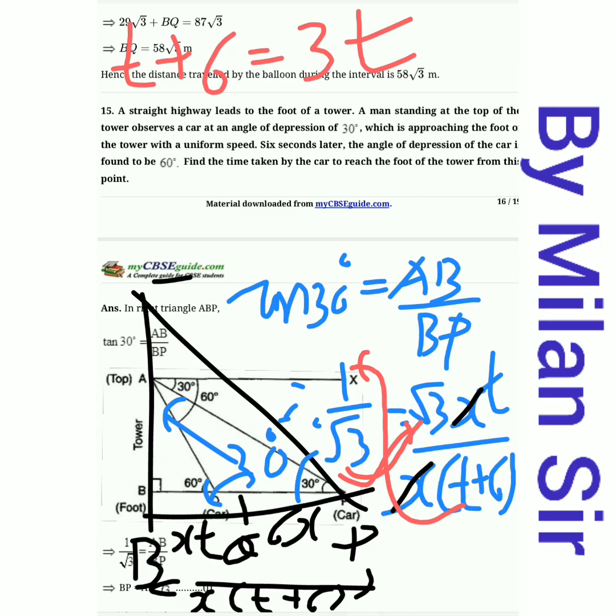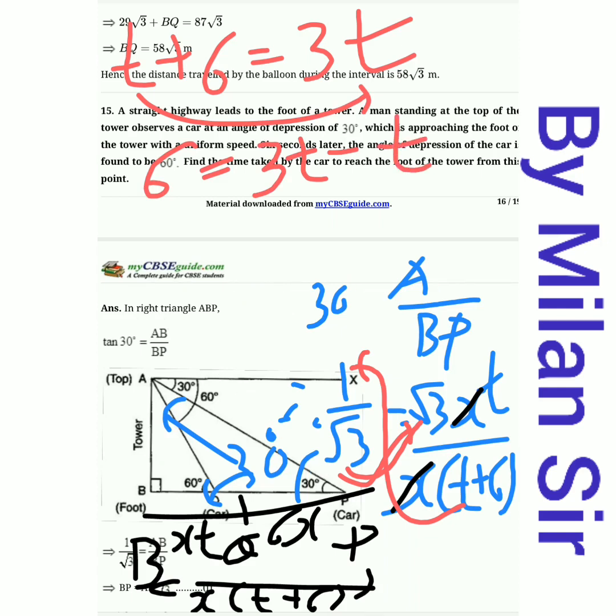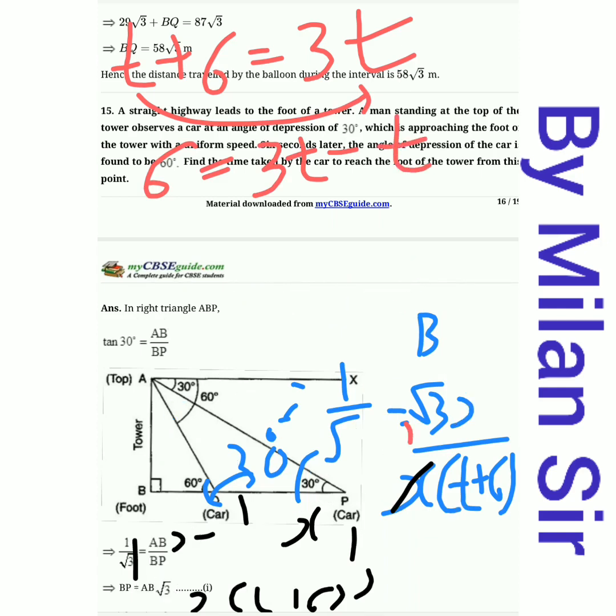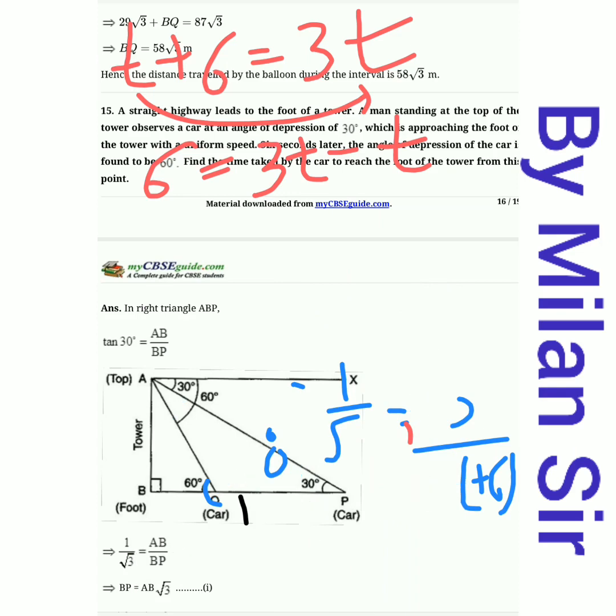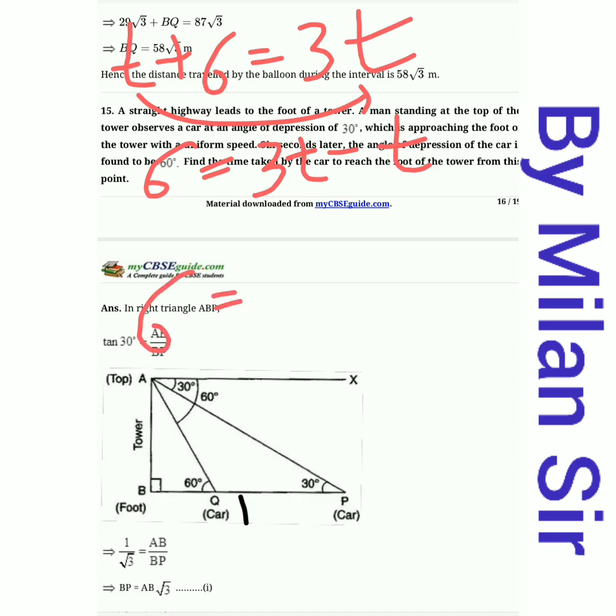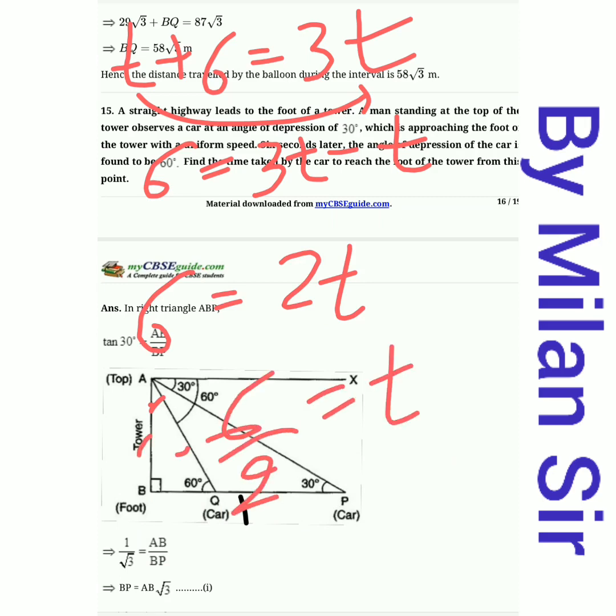Now for finding out t, transfer this t to the right hand side. So 6 is equal to 3t minus 1t, it's 2t, right? Now transfer this 2 to the left hand side, it goes to the denominator. So finally t is equal to 3 seconds.